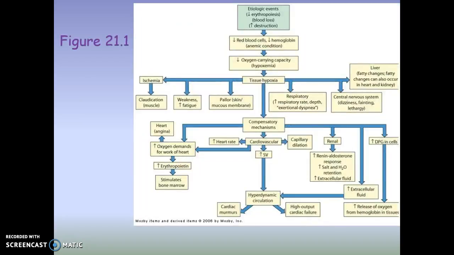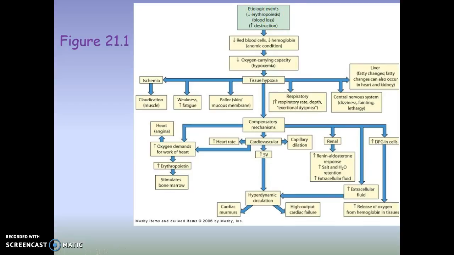All right, this is a pretty cool figure. Everything's cool. Figure 21-1. A lot of material, a lot of stuff going on in this figure. But what you see up top is the etiological events that are going to cause anemia to develop.